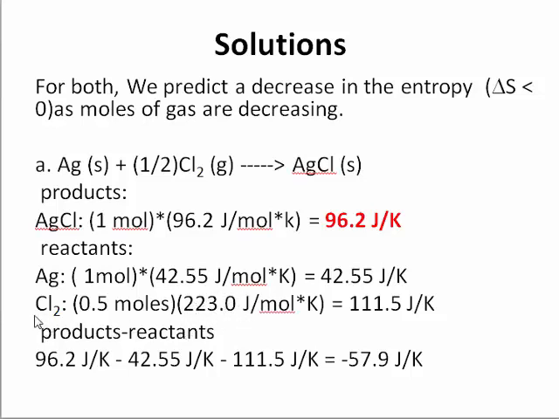Moving on to our calculation, products minus reactants, we obtain negative 57.9 joules per Kelvin. The product value has taken from it the value of the entropies of each of the reactants. This produces a negative entropy change for this process.